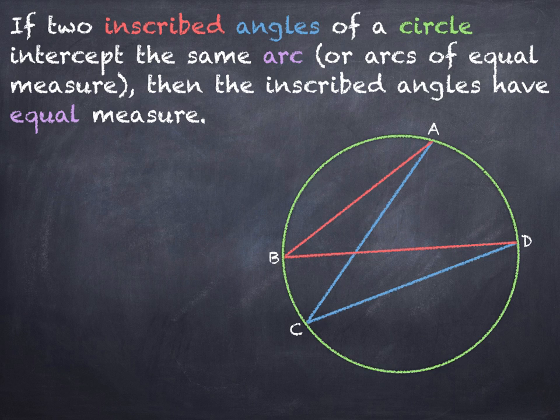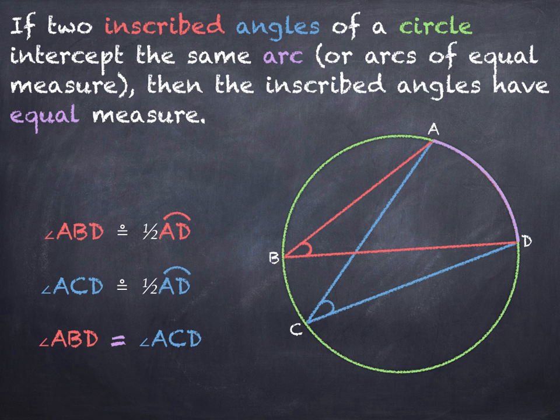We proved just a second ago that angle ABD is equal in degrees of half of arc AD. And angle ACD is equal in degrees of half of arc AD. And since arc AD equals arc AD, angle ABD must equal angle ACD.